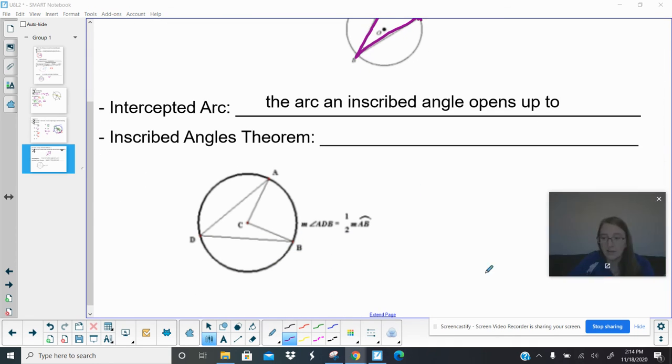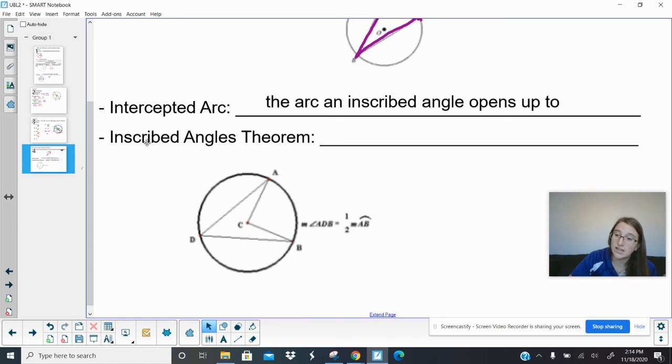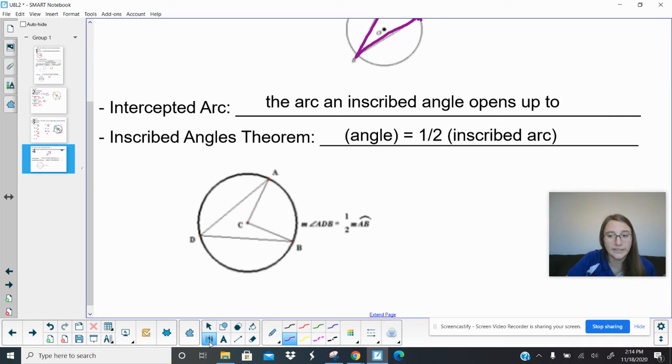Now you're just going to write this down for right now, and like I said in class, we're going to practice it. What we know about this is there's actually a relationship between the inscribed angle and its arc. It's that the angle is half the measure of the arc. So once more, we need to keep this really straight. When it's a central angle, these two are equal.